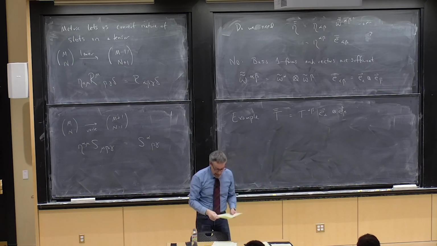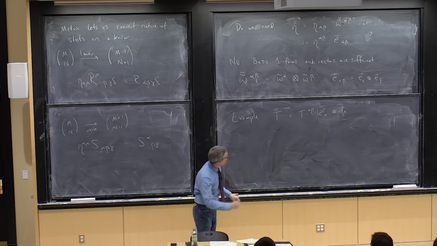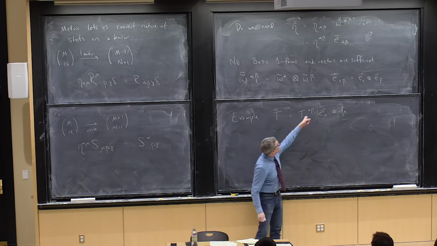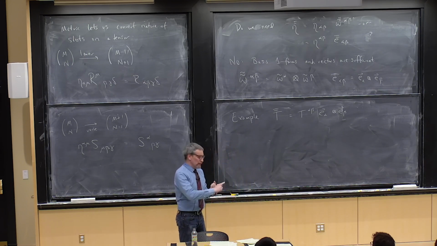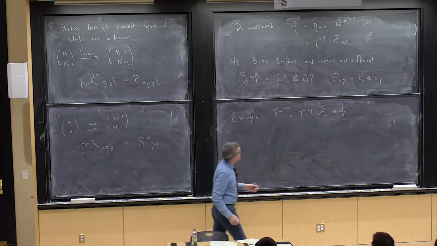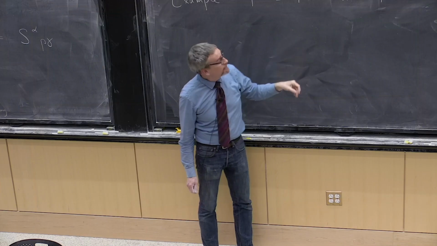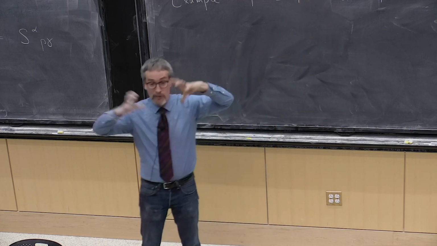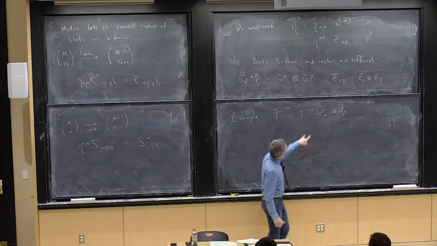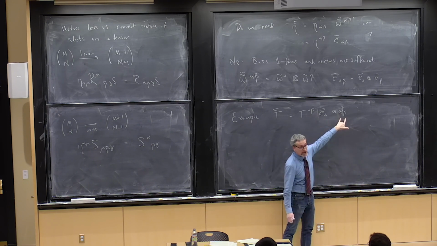Now, we're going to talk about this in a lot more detail in a couple of lectures. What I'm going to teach you is that the alpha beta component of the stress energy tensor tells me about the flux of four-momentum component alpha in the beta direction. So when I think of it as the actual object, not just the representation according to some observer, here is the thing that gives me the direction of my four-momentum, and here is the direction in which it is flowing.